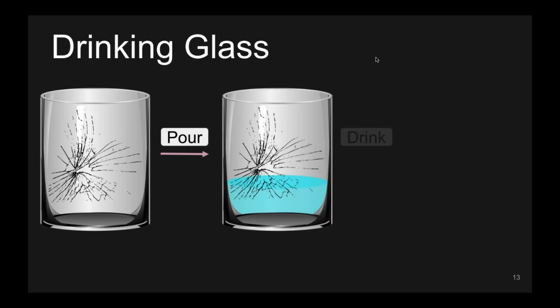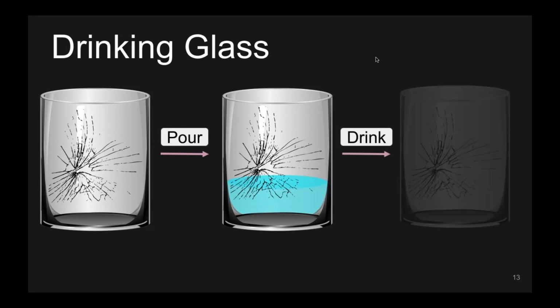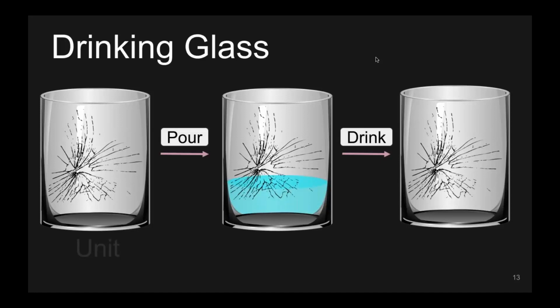And so what I do is I have my glass. It still fits in my arm. So basically it passes the unit test. Then I pour some water into the glass. Even though some water obviously leaked, I still get to hold some amount of water in the glass itself. And even though it was probably unlikely, I was able to drink this water.